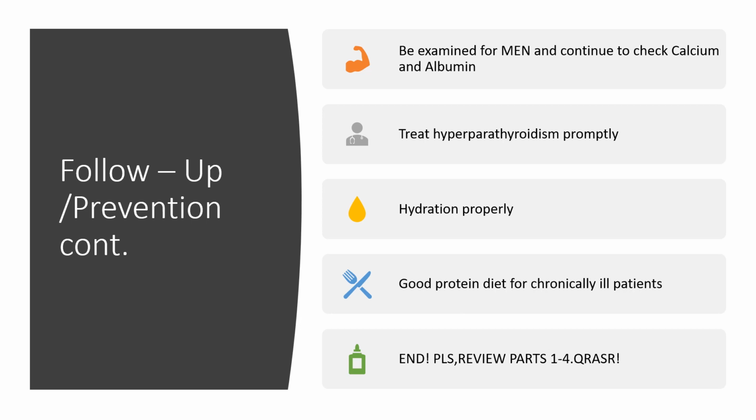We have to treat hyperparathyroidism promptly, hydration properly, and of course, good protein diet for chronically ill patients. Know why? Hypoalbuminemia will lead to more calcium to be free, and that is our problem.